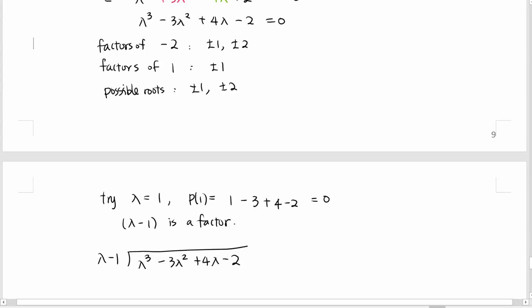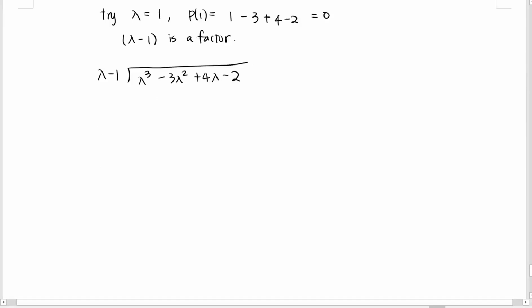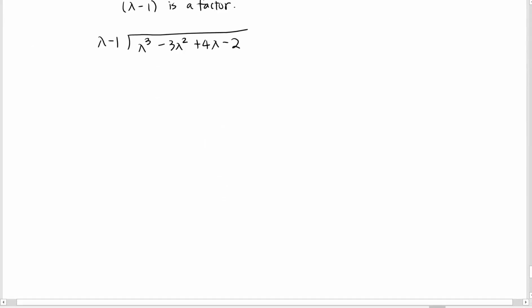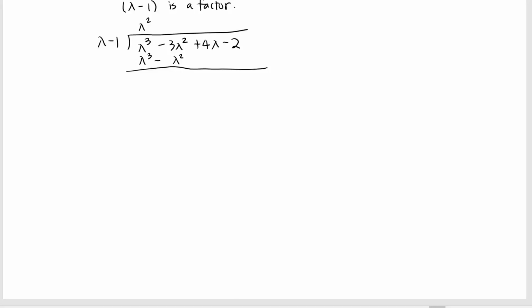Okay, so what is that? We have lambda squared, then lambda cubed minus lambda squared, minus 3 lambda squared plus lambda squared is negative 2 lambda squared. Right, we use the first line, subtract the second line. Negative becomes positive.